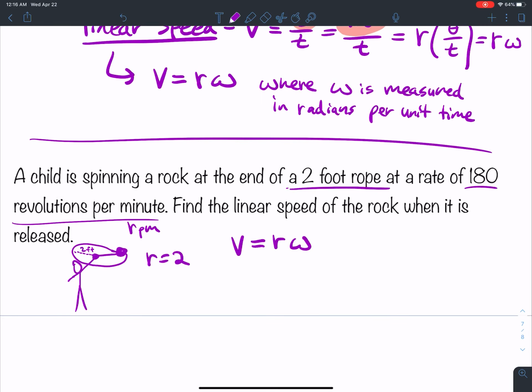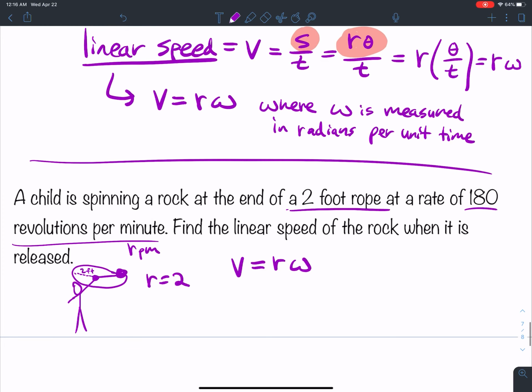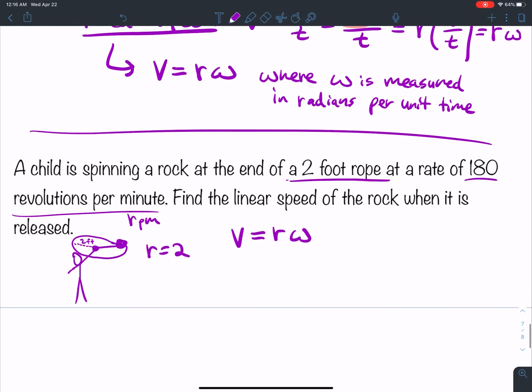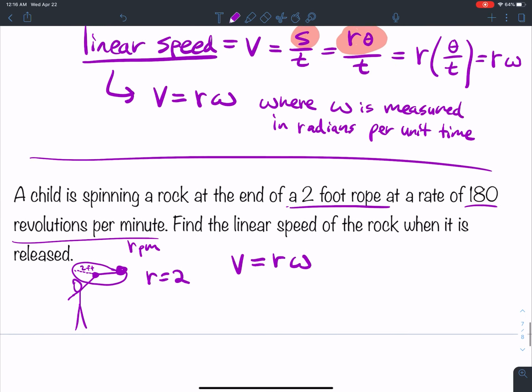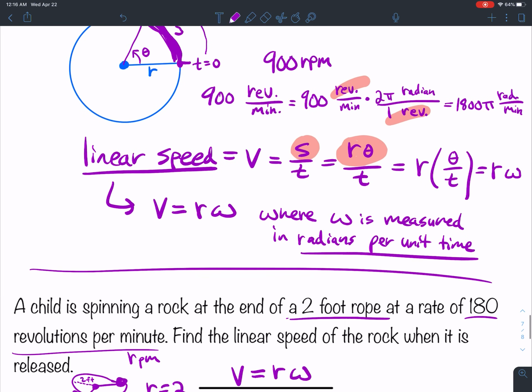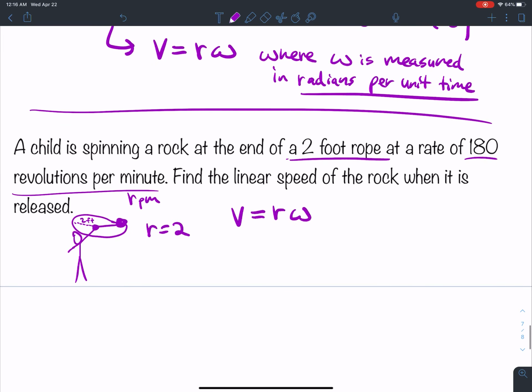So how do we do this? Well, first I have to figure out what omega is. Omega is the radians per unit time. So how do I get that here? I need to take my revolutions and turn them into radians. So I have revolutions per minute.